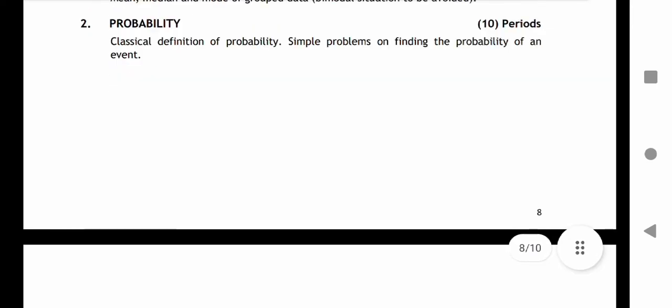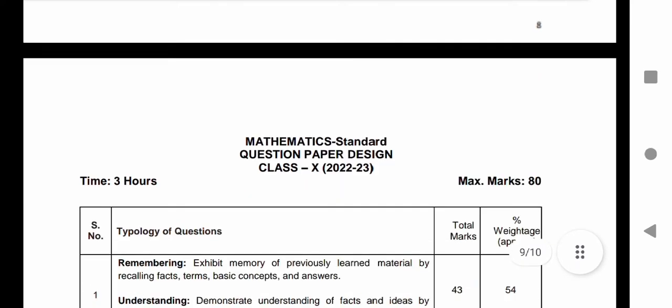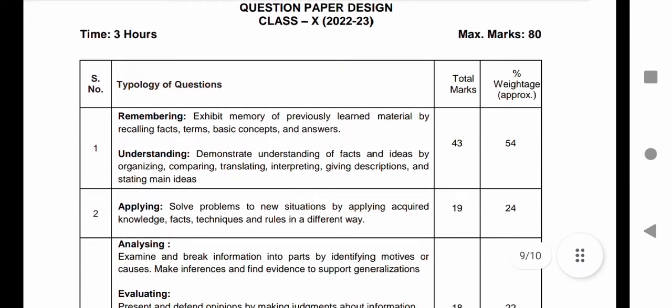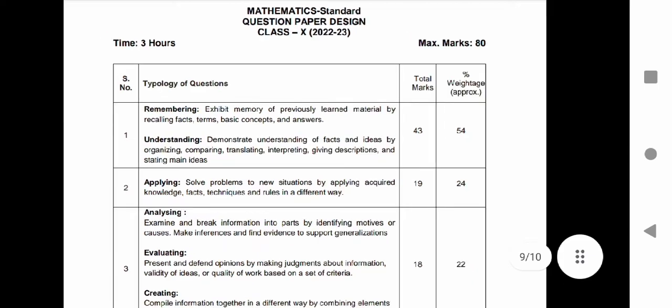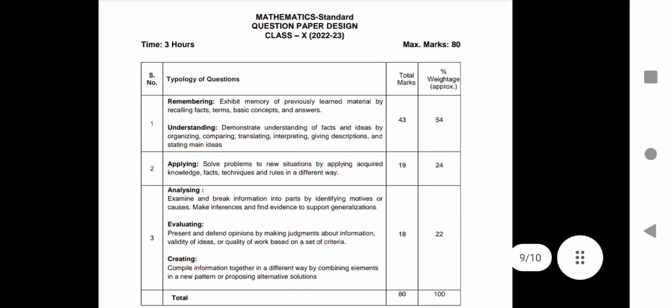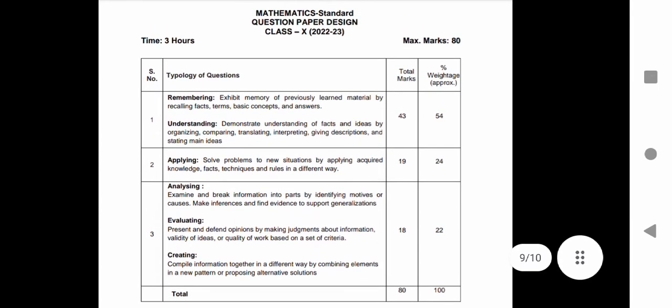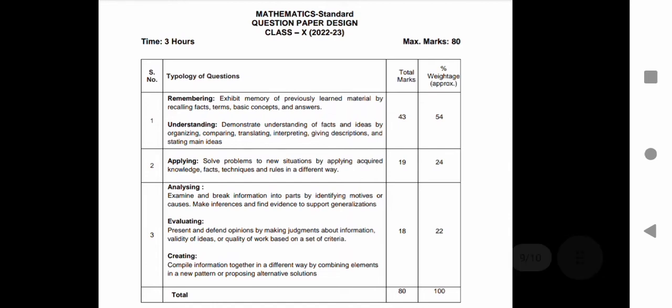And after that, let's see the question paper design for class 10th, which is very important, because this exam is going to be a board exam. So the time is 3 hours and maximum marks are 80.